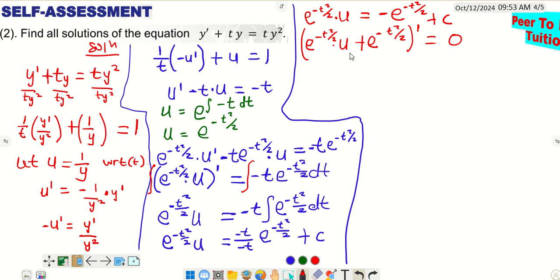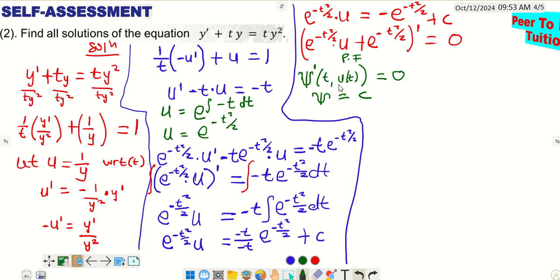Therefore, this is my potential function. The potential function is always a function of t, and this time it is u, so a function of t and u, which is a constant, but if I take the derivative of it, then it is 0. Therefore, my potential function is a constant c.